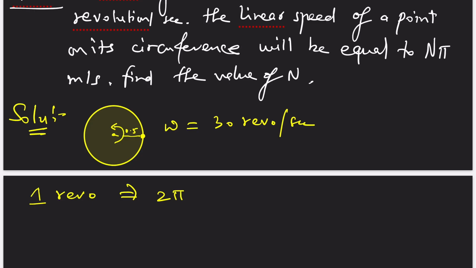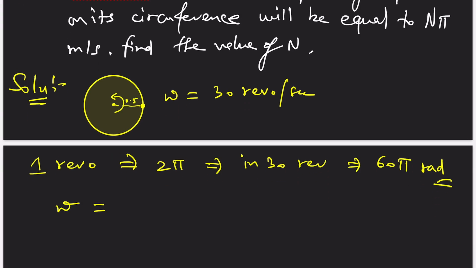So in 30 revolutions, you will cover 60 pi radian, that is the angle covered in 1 second. So your omega in radian per second will be 60 pi radian per second, not in revolutions. So we have converted the omega value from one unit to another unit, and we got 60 pi radian per second.